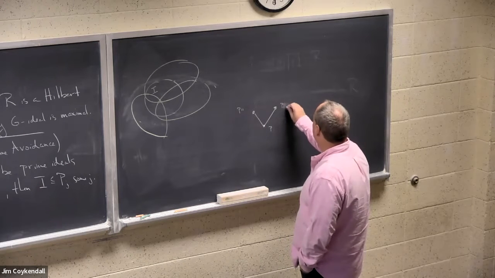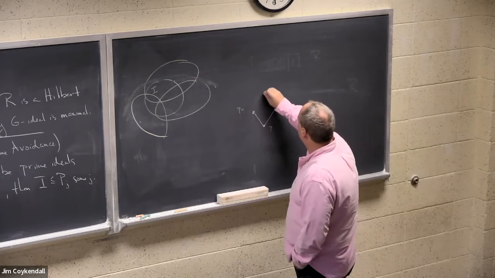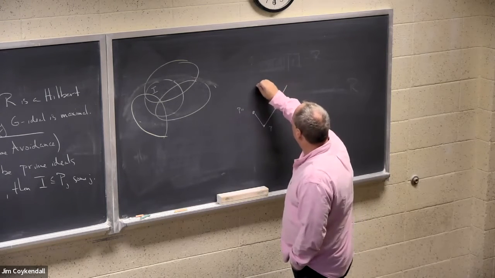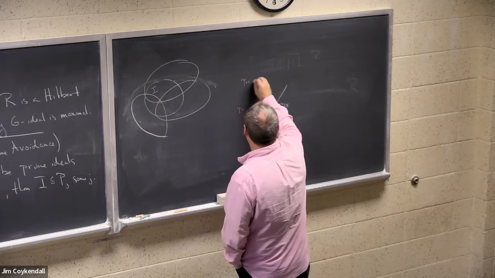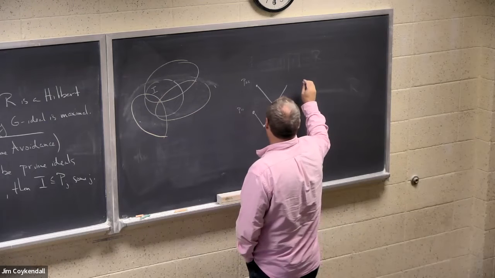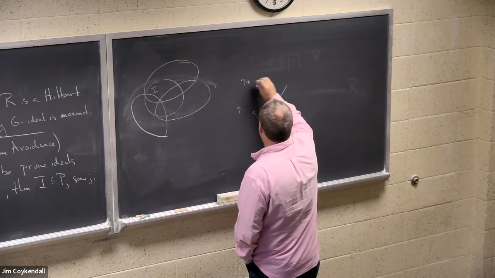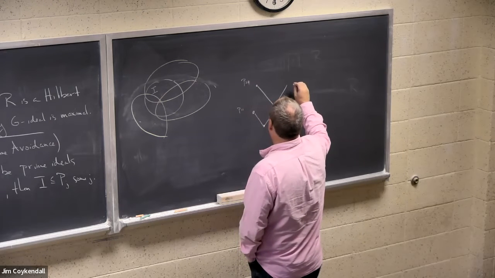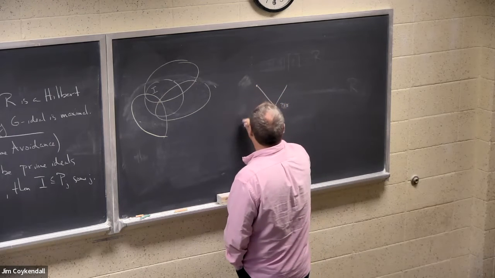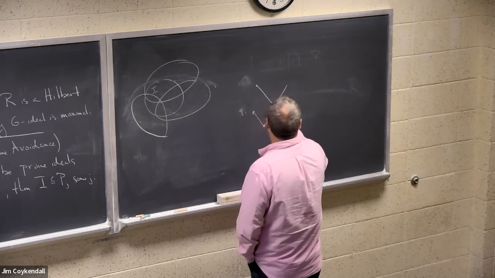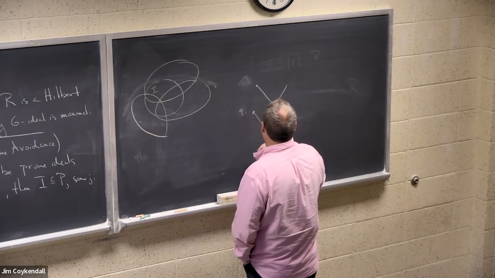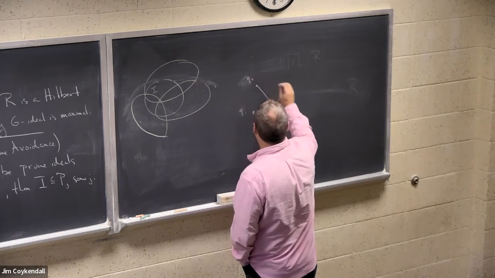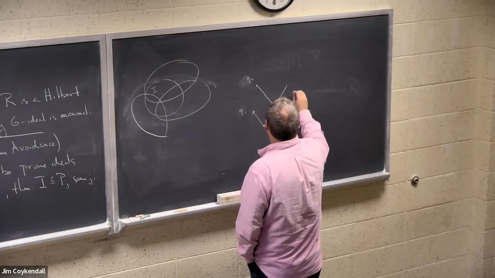Let's see, my index is really horrible here. Let's do it this way. Let's go Q1, Q2. Let's say Q1.